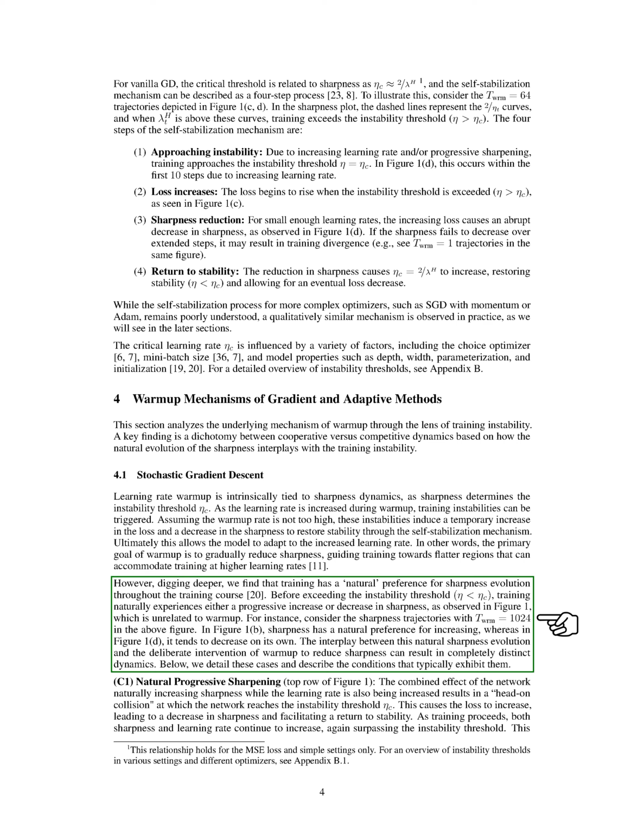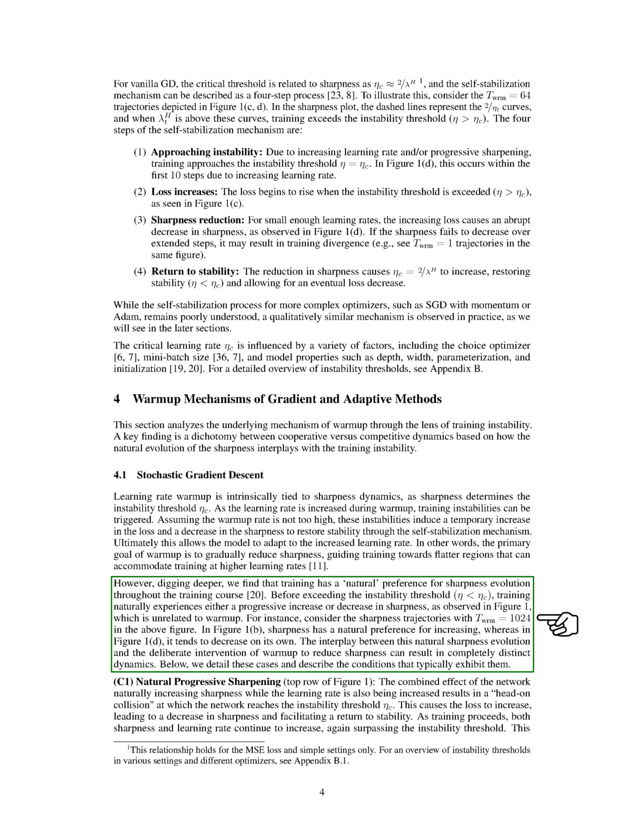However, during training, there is a natural inclination for sharpness to evolve. Before surpassing the instability threshold, eta less than eta_c, training naturally experiences either a rise or fall in sharpness, which is unrelated to warm-up. There are 2 main scenarios that can occur during training: natural progressive sharpening and natural sharpness reduction.